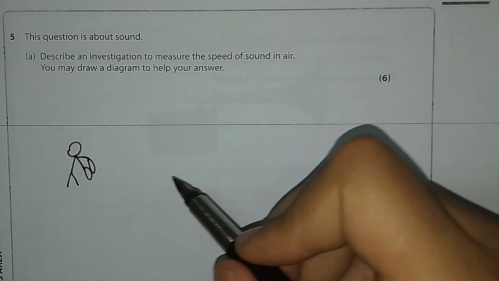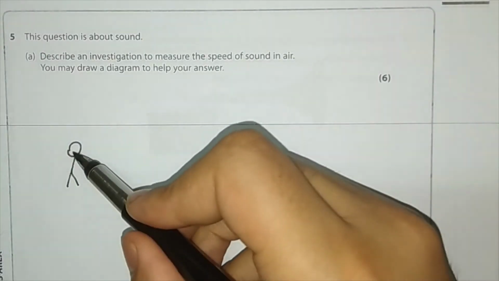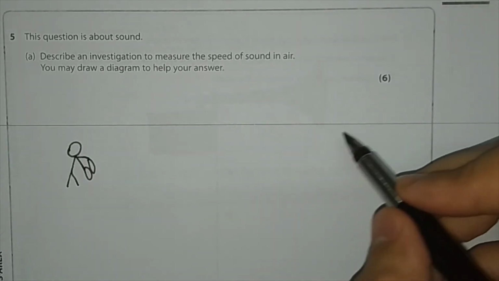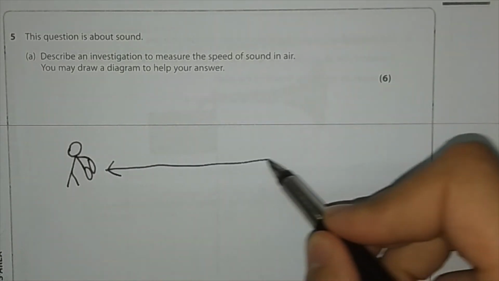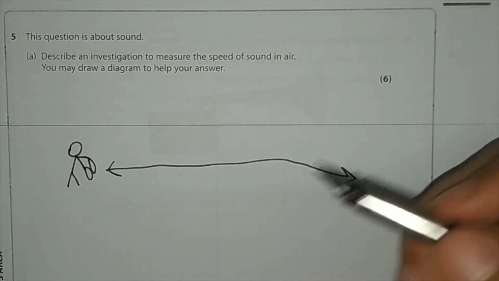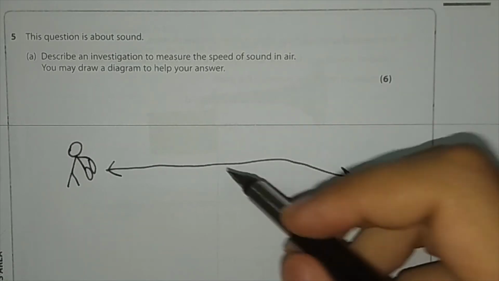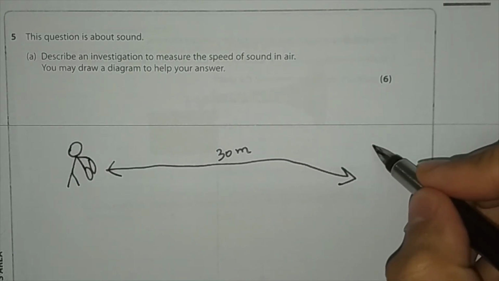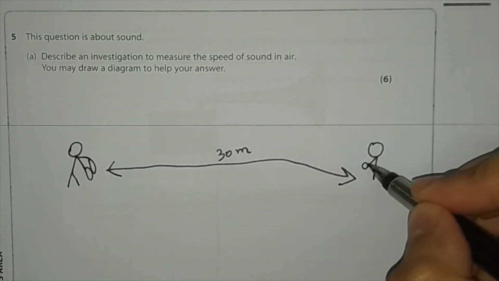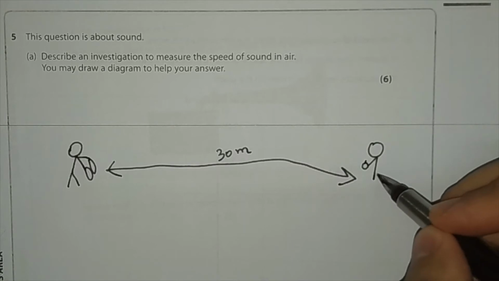My drawing is not too great, but it works. So the other student stands about, let's just say, a calculable distance in which you can actually see the difference. Let's say it's 30 meters. Another student over here is holding a stopwatch.